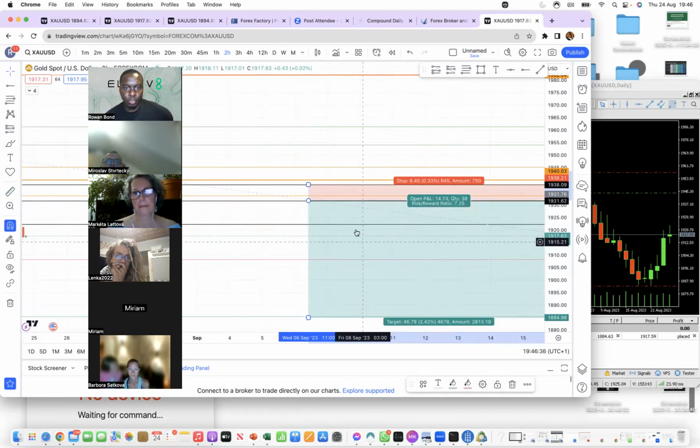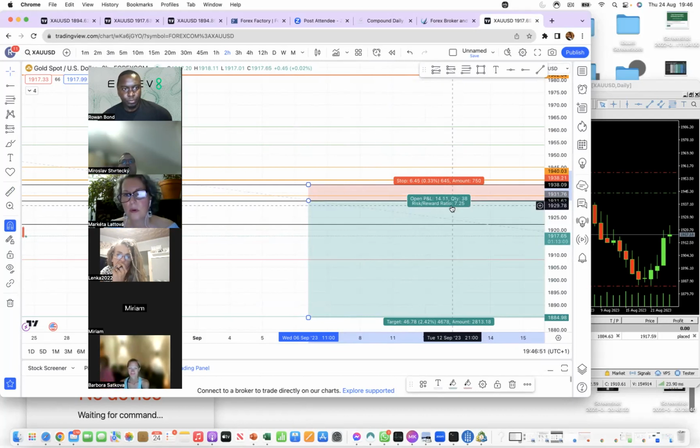So when you click on the short position, which is what it's called, it tells you the risk to reward ratio, and you can see it's 7.25. When we click on the trade set up like this, the numbers show up and we can see what risk to reward ratio we have. The green is the profit, 7.25.